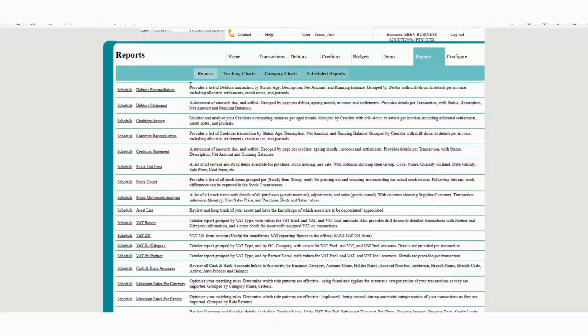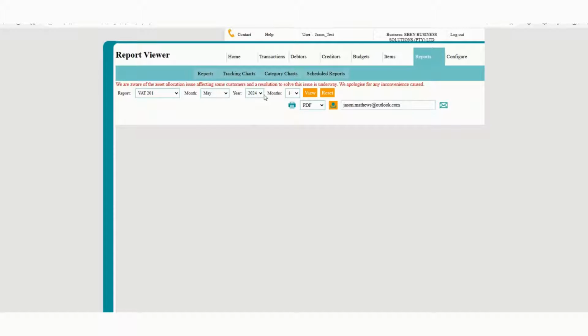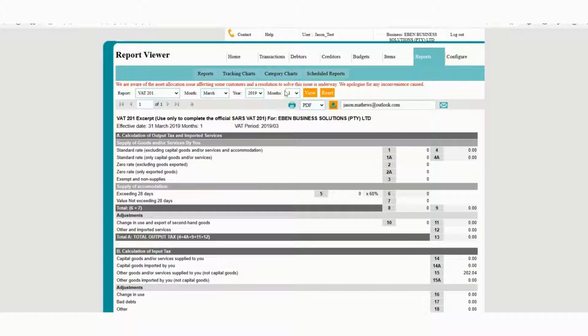So when you're on the reports tab and you want to understand what your VAT 201 return looks like for that month, go to the VAT 201 report, and we're going to schedule it for the 2019 March, and you can view it as PDF or Excel, that's fine, but let's view this, and it's only for 1 month.